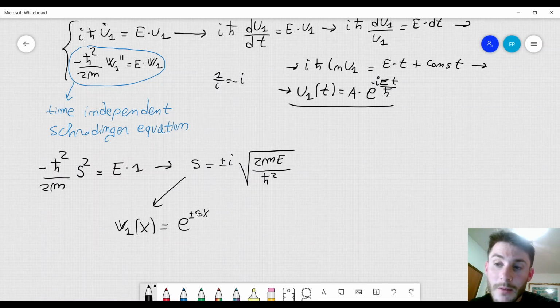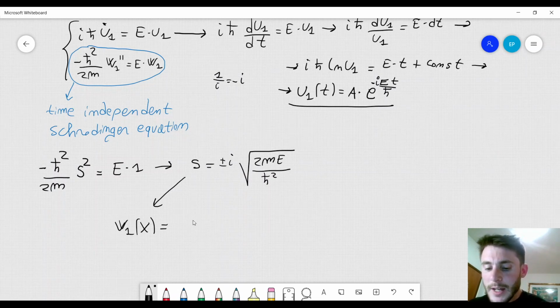Okay, and since we have a plus or a minus, we can simply add the two solutions. So we have two solutions, e to the sx and e to the minus sx, and therefore we have something like this.